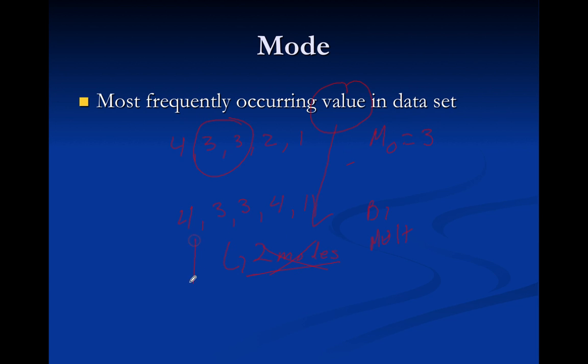So in this particular instance, in this example, there is no mode. And why is there no mode? Because there is no single value that occurs more frequently than any other value. In this example here, we did, because 3 occurred more times than any of the other values in your data set. All right.